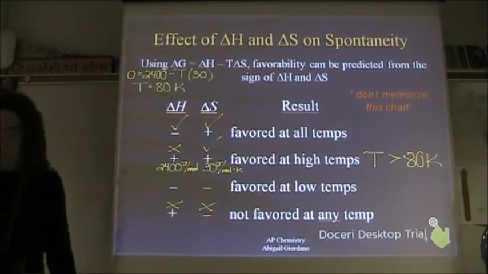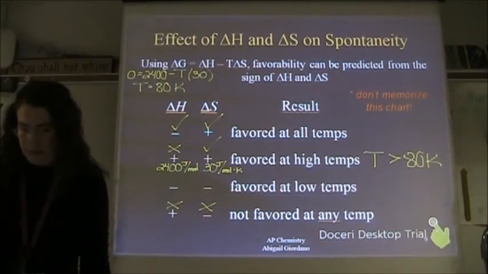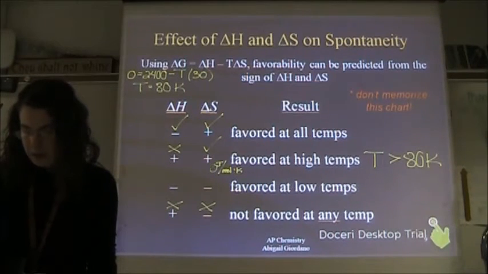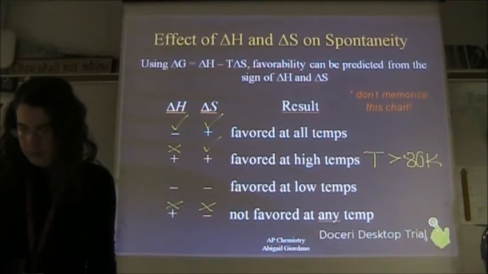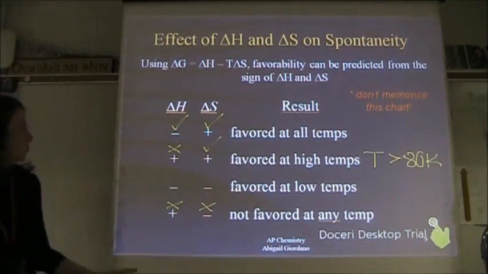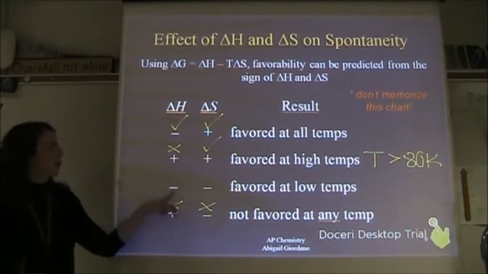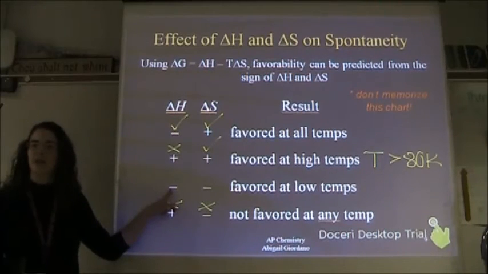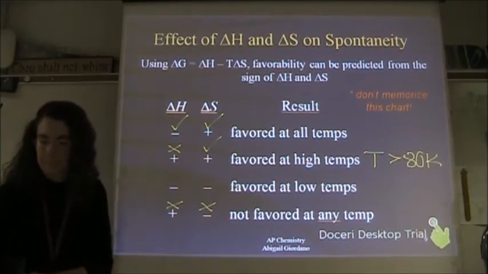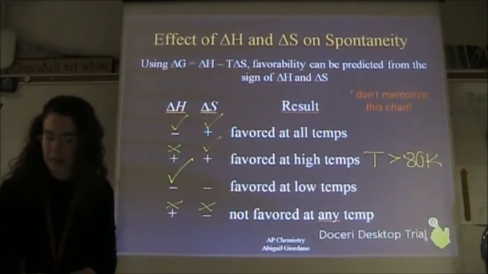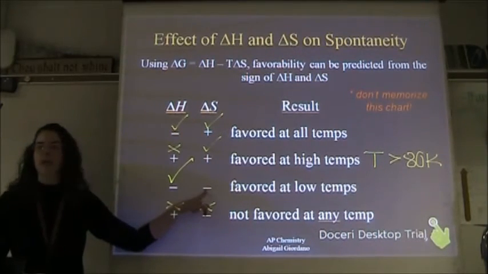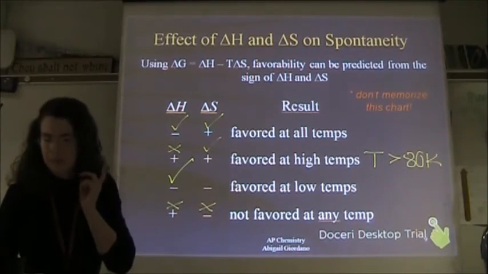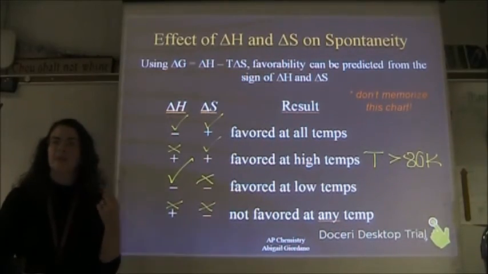Last situation. I'll do a little erasing here so we can get a little clearer. Okay. Exothermic. Likely to be favored, yes or no? Yep. Not definitely, but likely. Becoming more organized. Does the universe like that? No. Here's that conflicting information again.